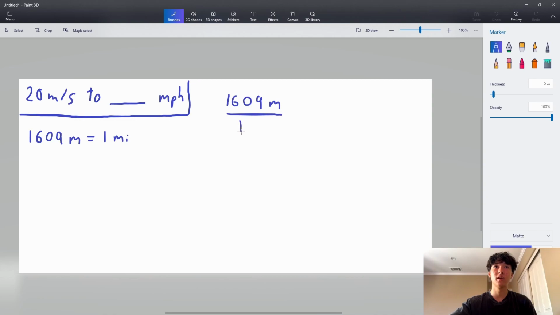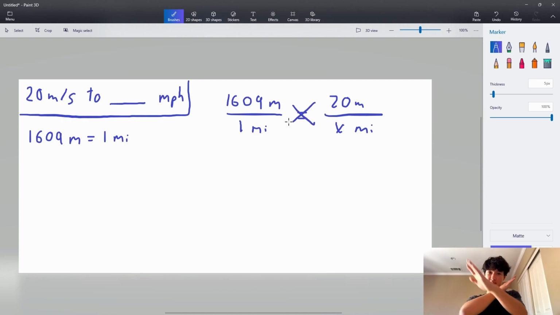1,609 meters, 1 mile, is equal to, right? We have 20 meters. How many miles is that? So what do we have to do? Cross multiply, right? It makes an X, like the multiplication symbol. So we're multiplying 1,609 by X, which is equal to 20 times 1, which is just 20.